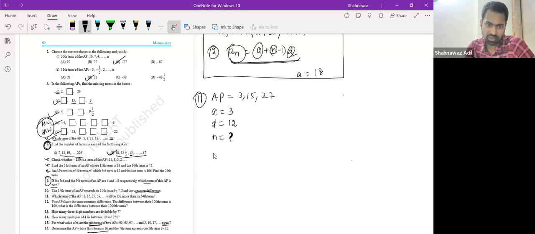So that nth term, from the question, which term is 132 more than its 54th term? As you said, nth term, and what is the rest of the information?